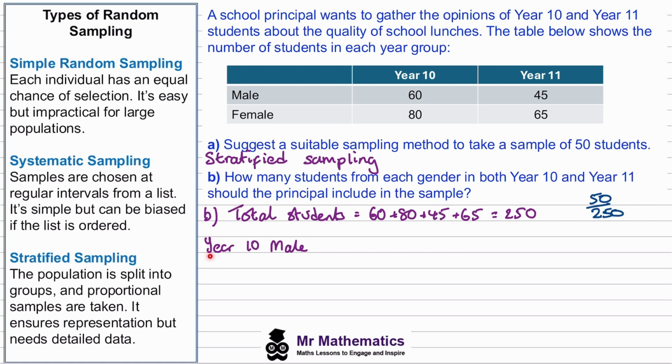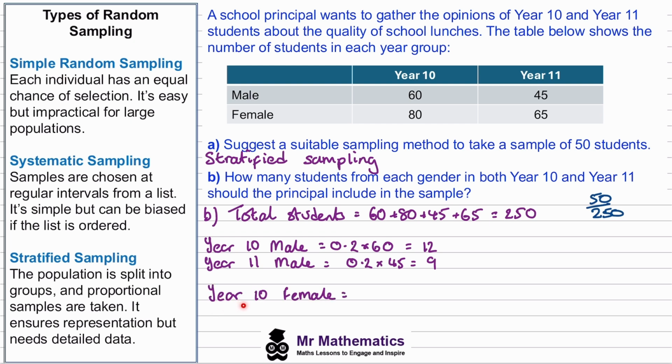So to work out the number of year 10 male students, we're looking at this proportion of the 60 students. So this will be 0.2 multiplied by 60, which will give us 12 students. And then for year 11 males, we're looking at the same proportion of the 45 students, which is 9.